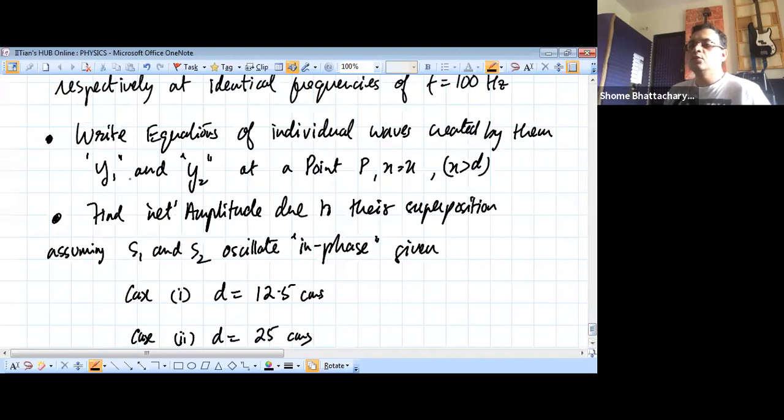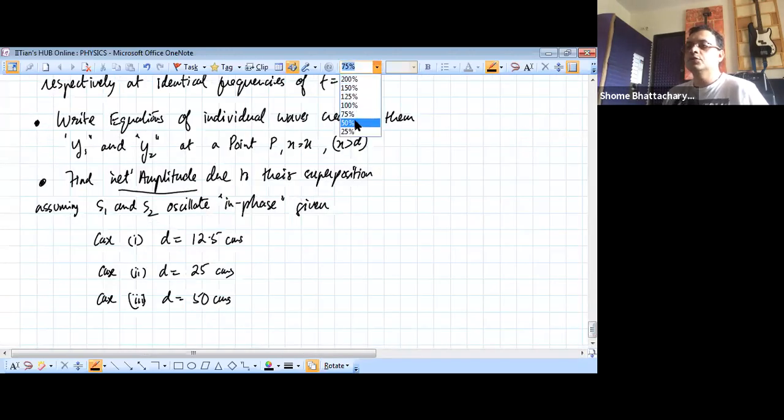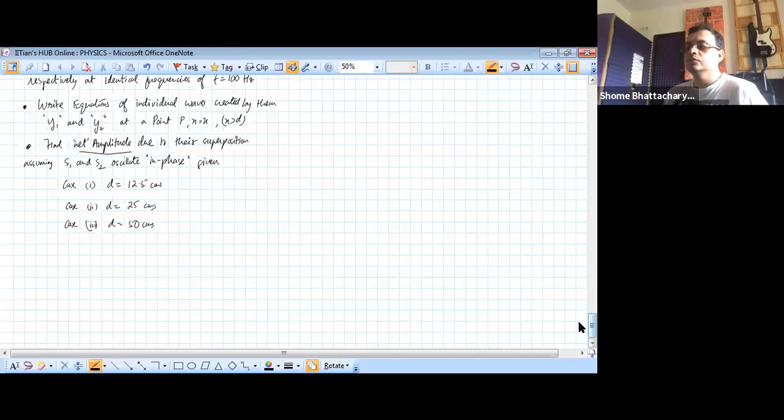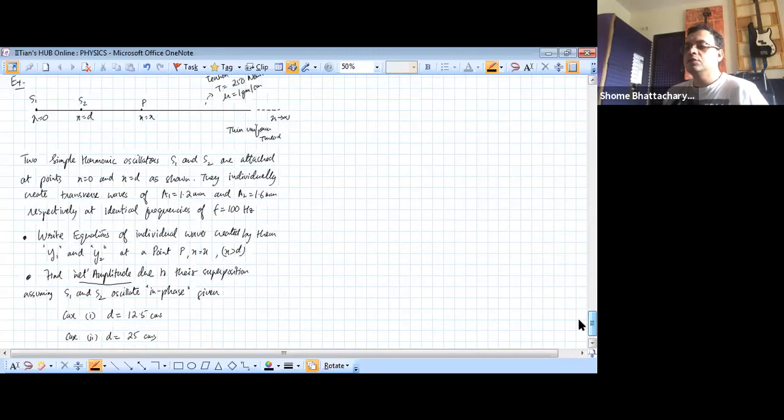We have to write the equations y1 and y2 of the individual waves created, and from that we have to find out what will be the net amplitude due to their superposition. Okay. If the two sources are oscillating in phase, in that case, what will be the net amplitude due to their superposition? Okay. So just start working on this question.